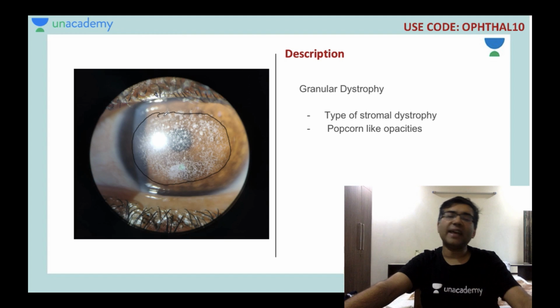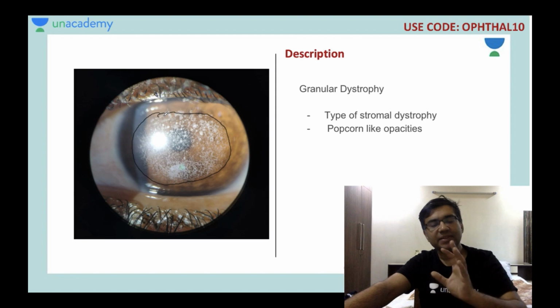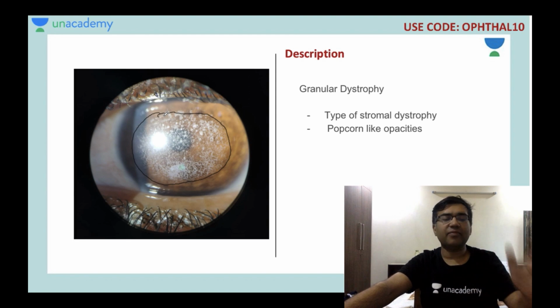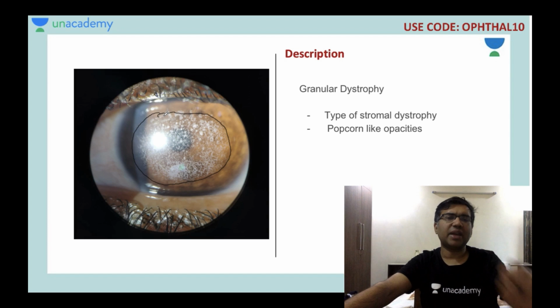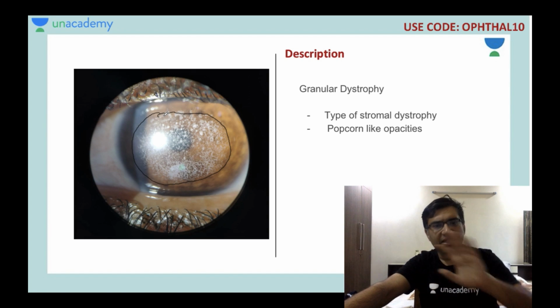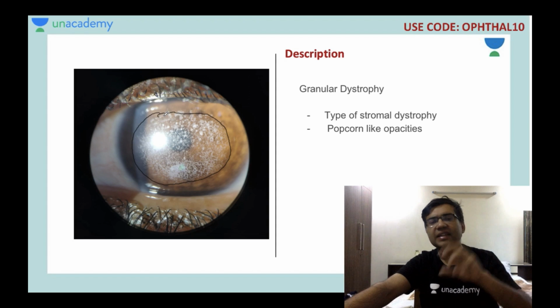So these popcorn-like opacities which you are seeing are basically seen in granular dystrophy. One thing that you can appreciate in this picture is that the distance between the two opacities is clear. So this means that this patient would definitely have blurring of vision, but the vision would not be very bad, maybe 6/9, 6/12. But if a patient of macular dystrophy comes to you, there would be a total haze of the cornea in the center, and then a few more dense opacities.